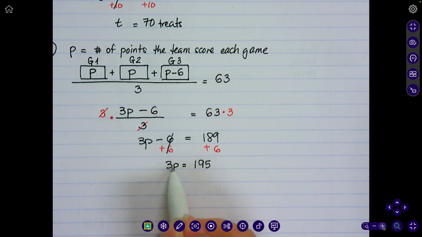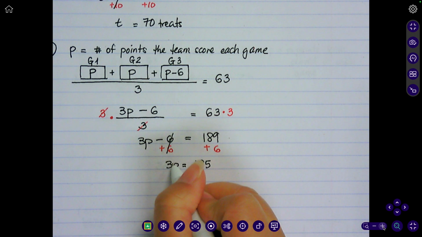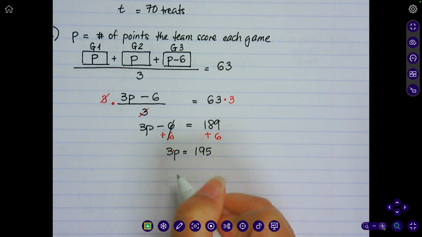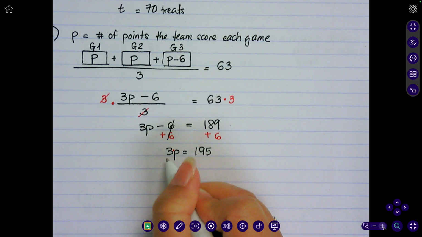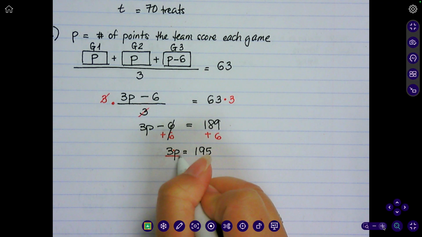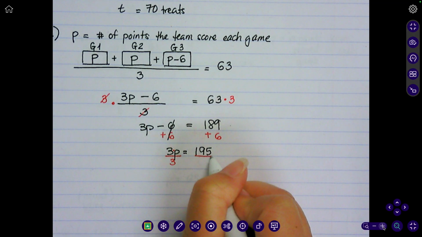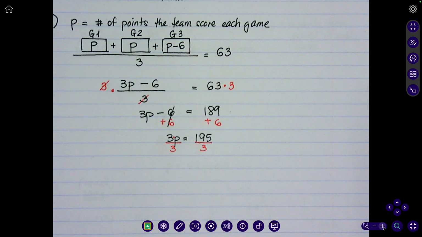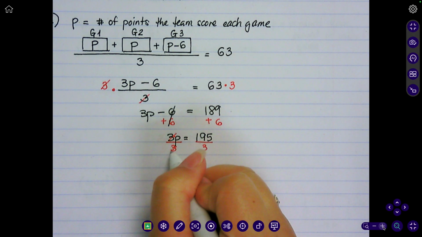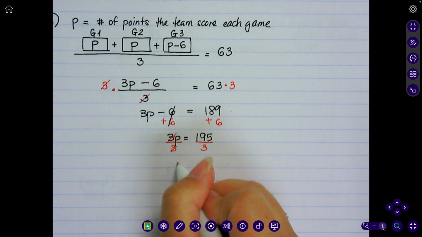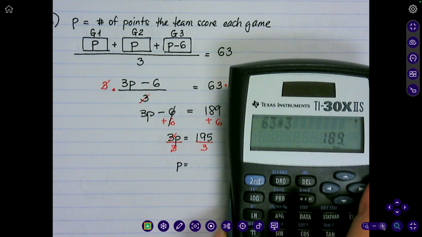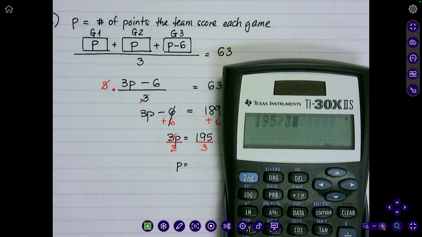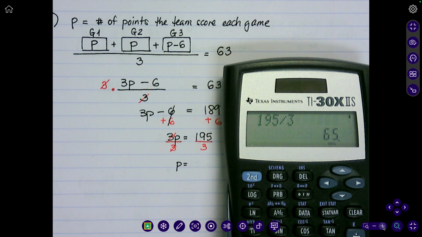Whenever you have a number and a variable next to each other, please know that that operation is multiply. To undo multiply, you got to do the inverse operation, which is divide. That cancels out. So p is going to be 195 divided by 3. It's going to be 65.